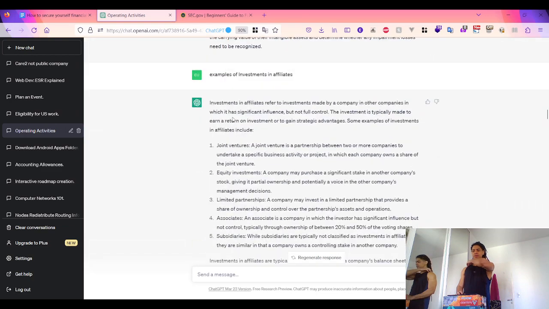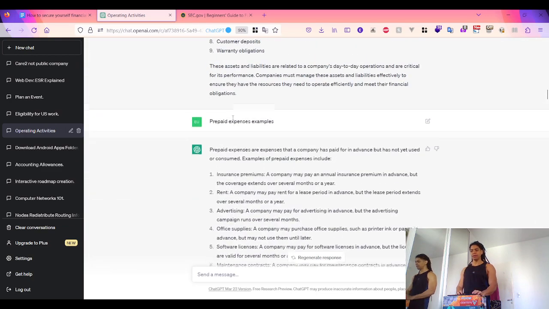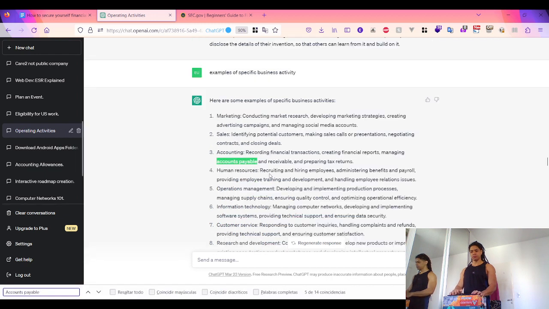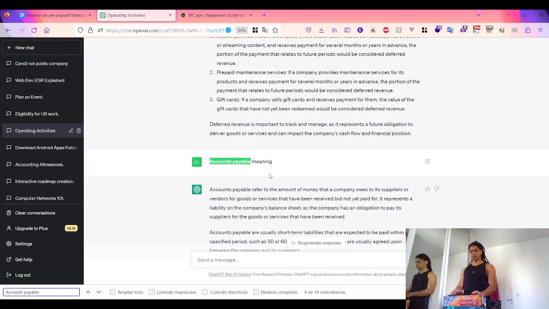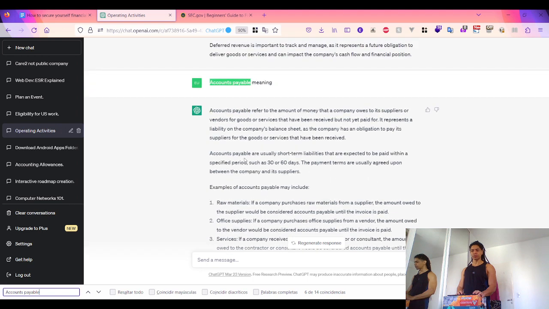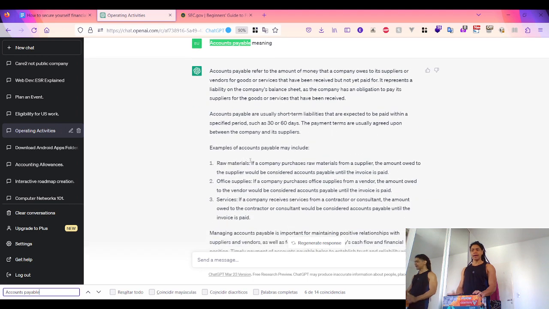Examples of accounts payable are raw materials, office supplies, and service. In Spanish, accounts payable is cuentas por pagar.